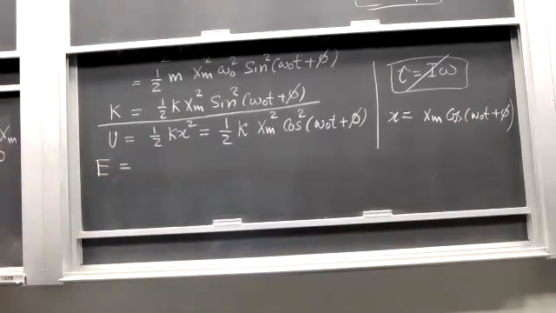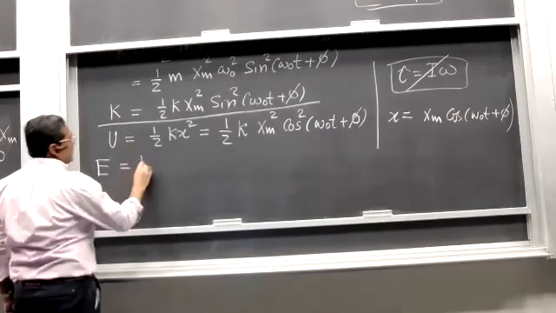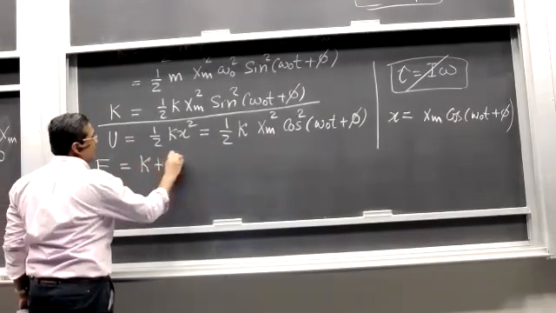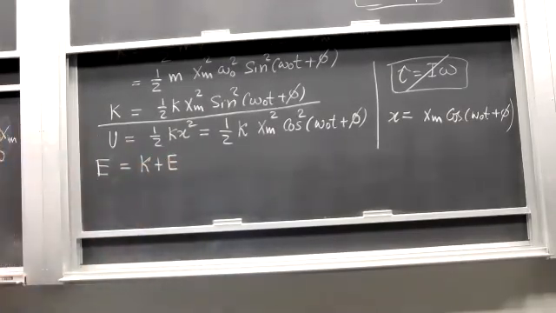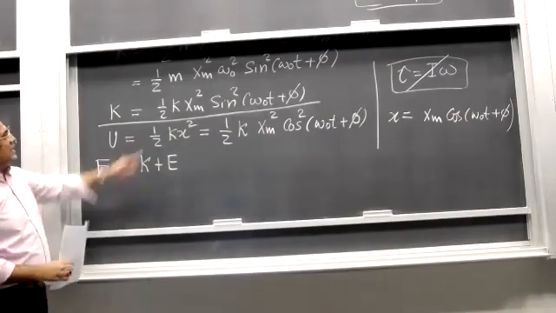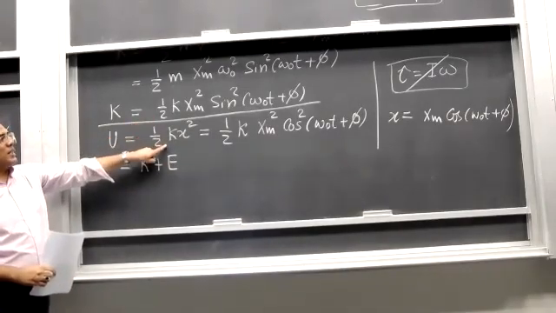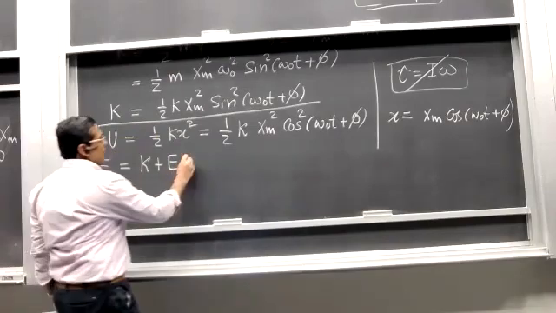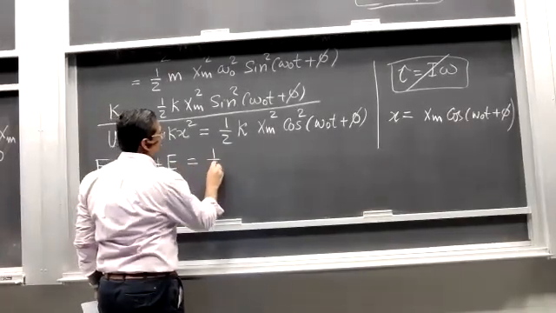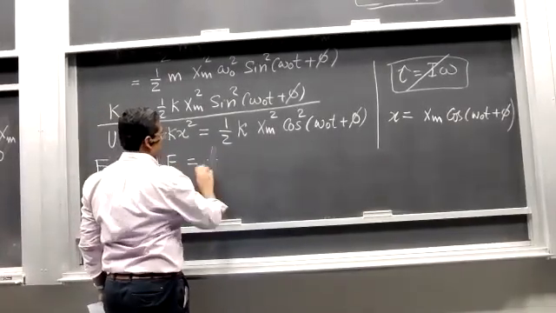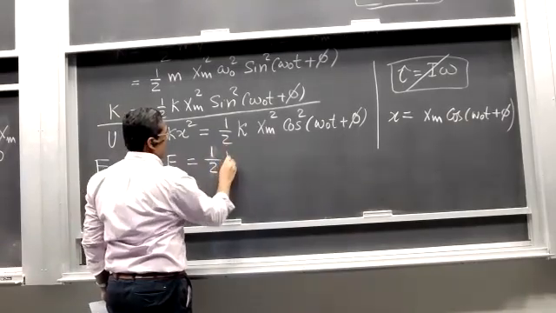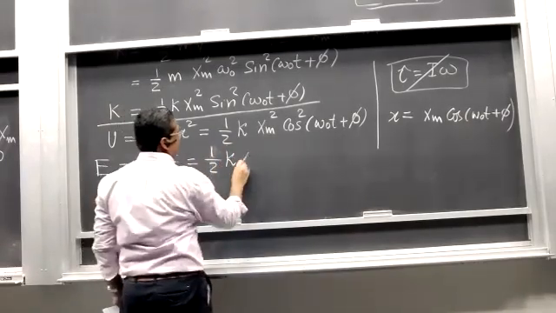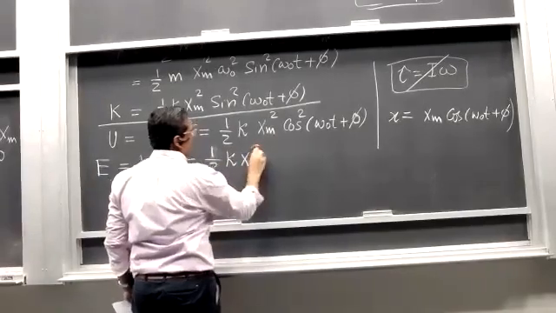E, the sum of energies, K plus U, okay? This is kinetic energy, and this is potential energy, and this is simply equal to half k x_m squared.